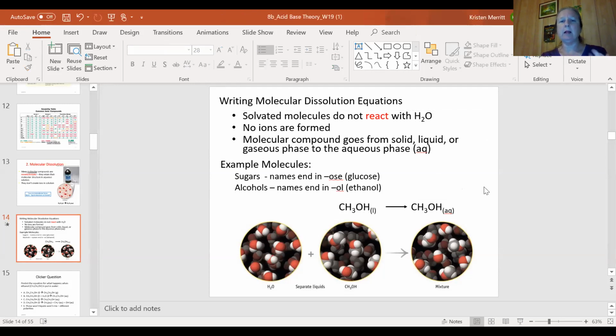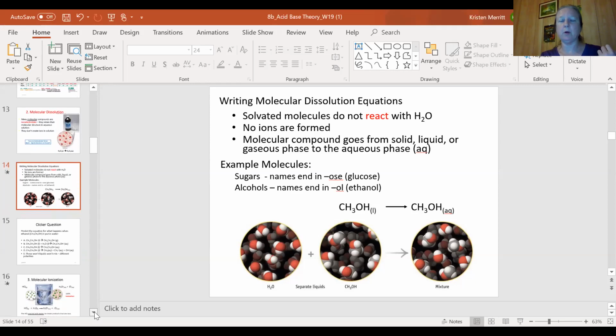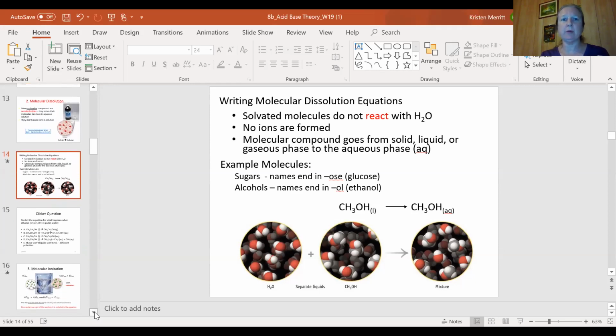So alcohol, ethanol, methanol, propanol, isopropanol, even glycerol. And these can all dissolve in water, not methanol necessarily, right? Because it's nonpolar, but the rest of these are polar. Methanol, that has to do with its size. It's so small. You'll learn that next semester.